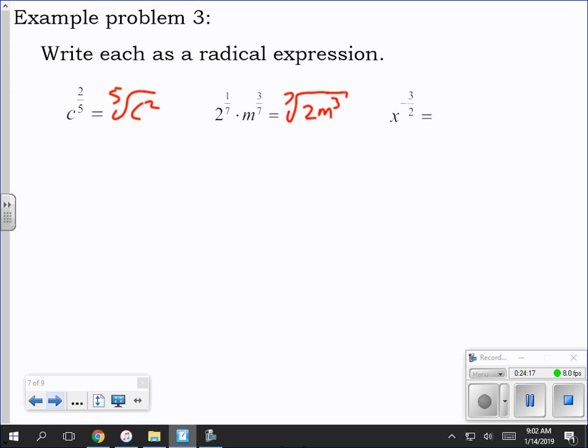Now the negative exponent means that I have 1 over x to the 3/2, and then I rewrite that as a radical in the denominator. So that's 1 over the square root of x cubed. So in the last one, you want to take care of the negative first, put 1 over that, and then rewrite it and get rid of the exponent.